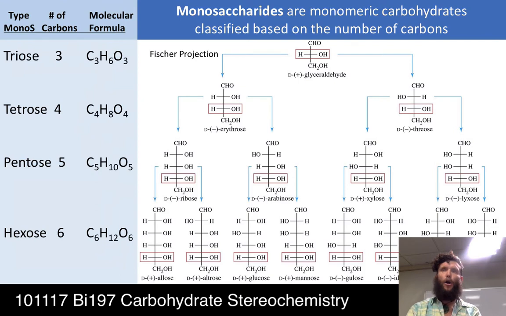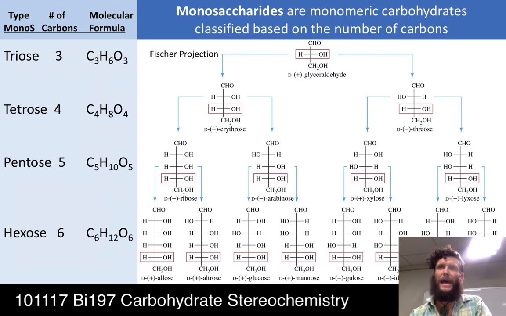A triose is a sugar which has 3 carbons in its backbone. And so the molecular formula is going to be C3H6O3. We saw a picture of glyceraldehyde. In fact, I will have a glyceraldehyde here. You guys pass that around. Just take a look at it.